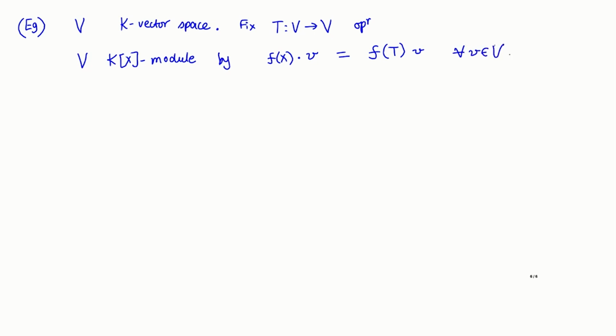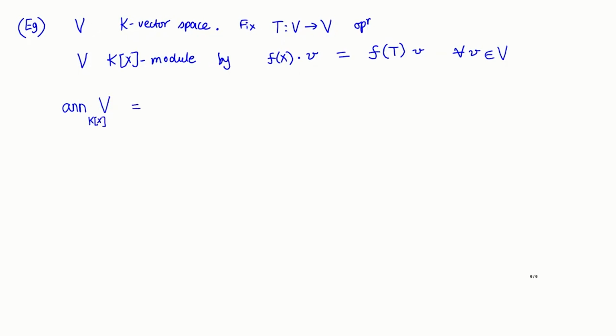So I've made V into a k[x] module, and now the question is, what about the whole business of annihilators and so on. So let's just compute the annihilator of this module. What is the annihilator of V thought of as a k[x] module? I'm doing everything over k[x].